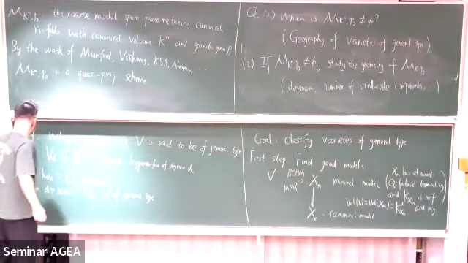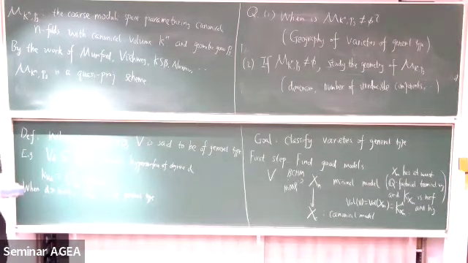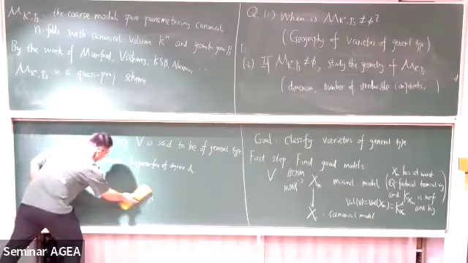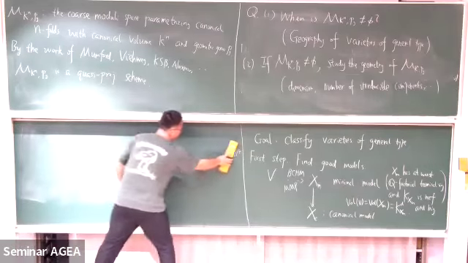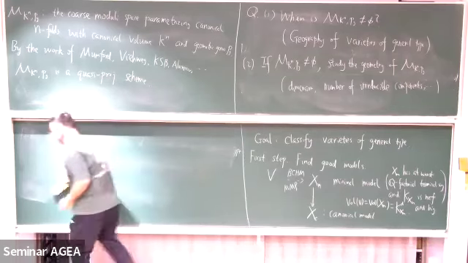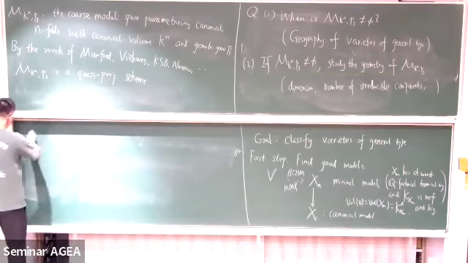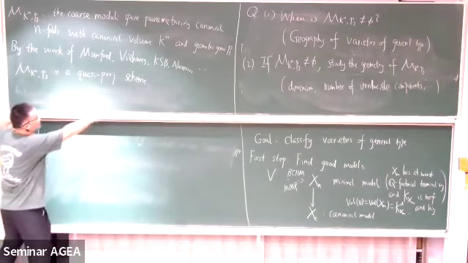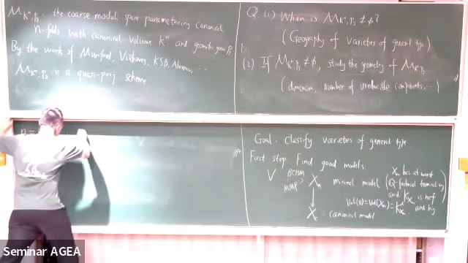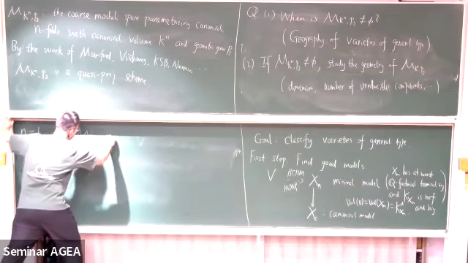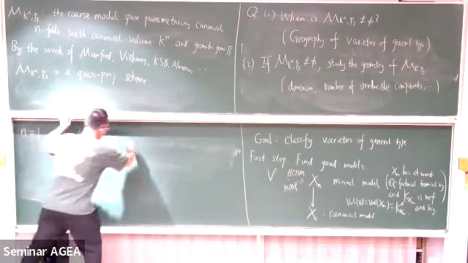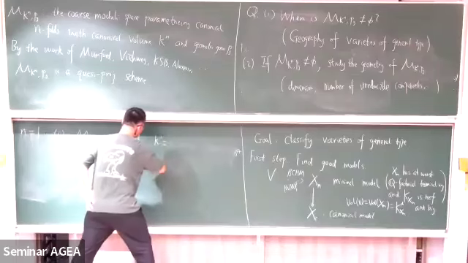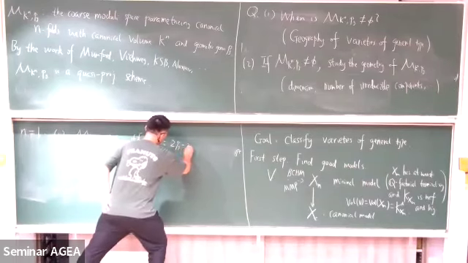Okay, let's first look at the case when n is 1, which means that X is just a smooth curve. When n is 1, we know the answer to the first question: M_{K^1, p_g} is non-empty if and only if K^1 is 2p_g minus 2.